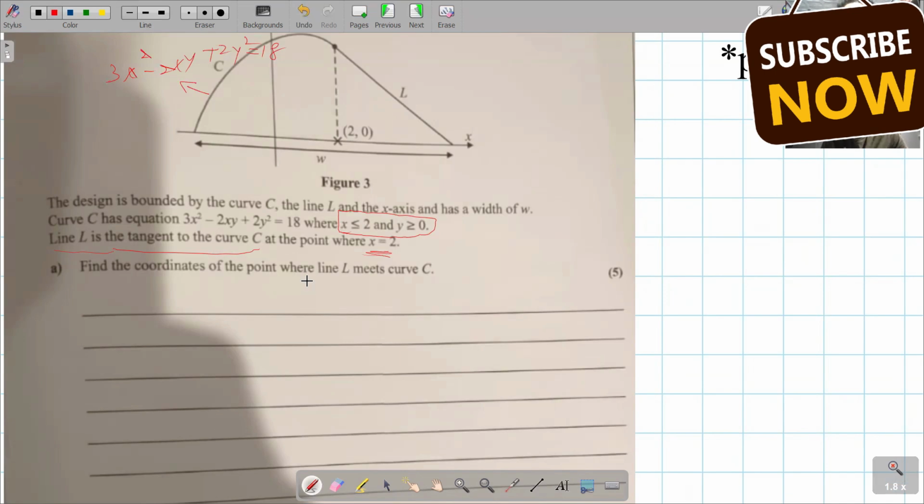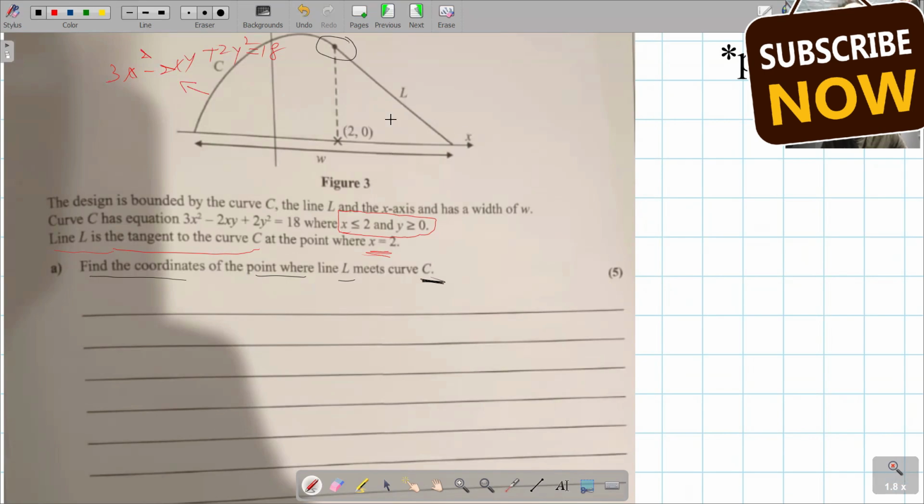First question, part A: find the coordinates of the point where the line L meets the curve C. This point we have to find. How can we find it? This is very simple.